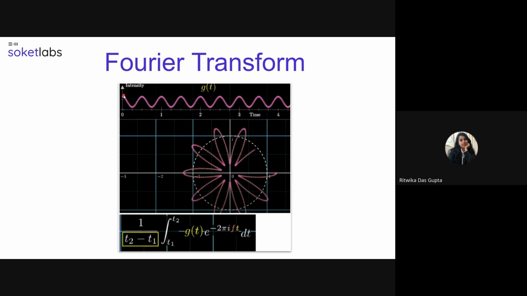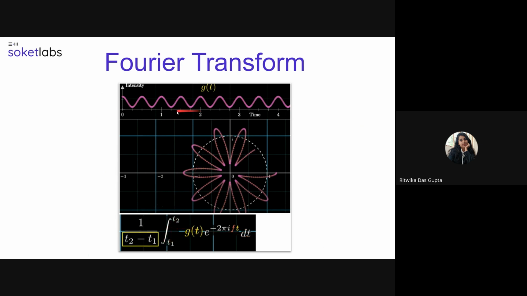So what we do is, given a graph g(t), we put points around this graph, an infinite number of points, so that the entire graph is denoted by points. And then we wind that around the circle, so that we get this formula from Euler's formula that was obtained before, that is g(t) times e to the power minus 2 pi i f t. So why are we doing integration?